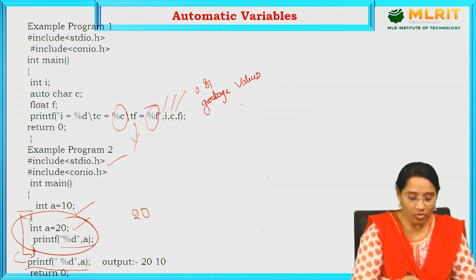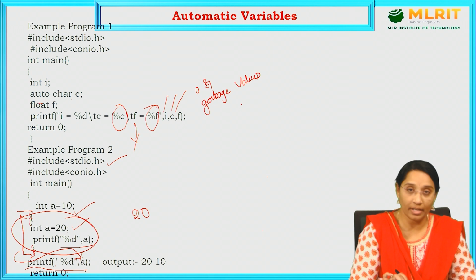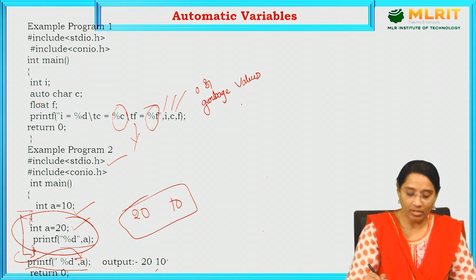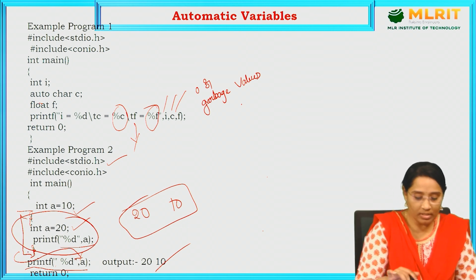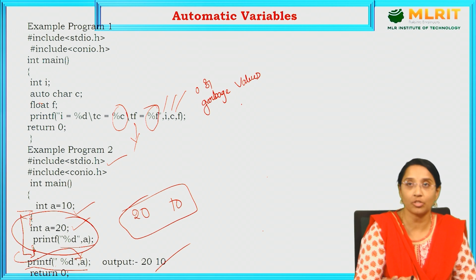After that, the control will come here and this printf statement will be executed, so 10 will be printed on your screen. So 20 and 10 will be the answer. This comes under block scope, which can also be called function scope.